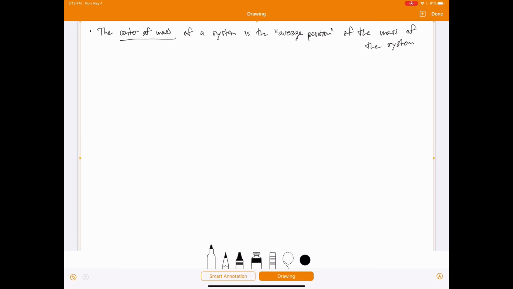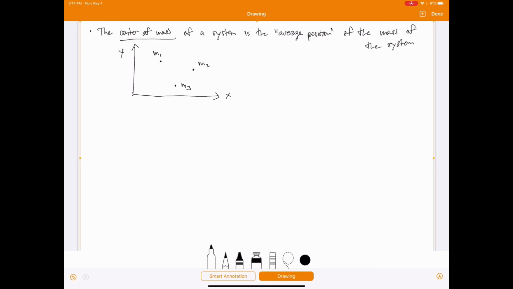That's the rough idea. But in particular, if we look at this example of a system of three masses, let's say M1 is right there, M2 is right here, M3 is down here. Let's draw a coordinate system so we can keep track of where everything is. So X and Y like this. The center of mass is the average position of those three masses.